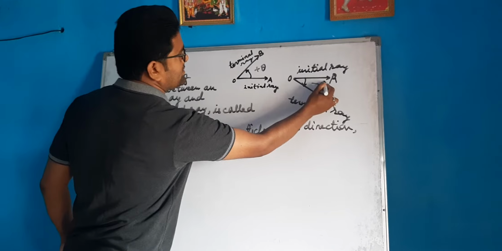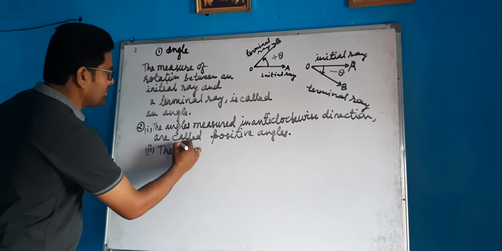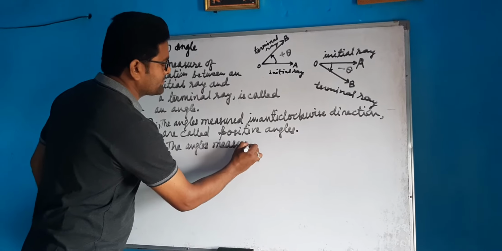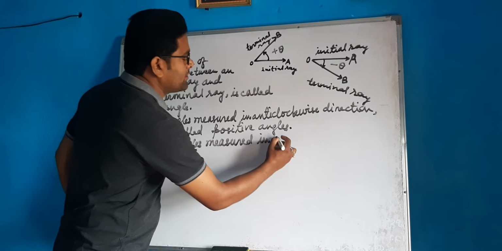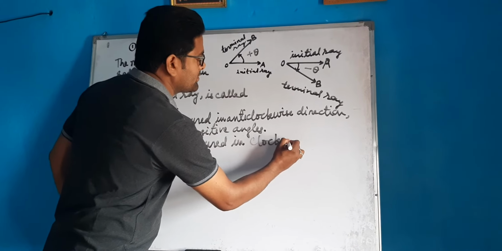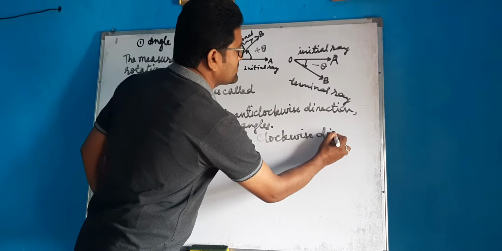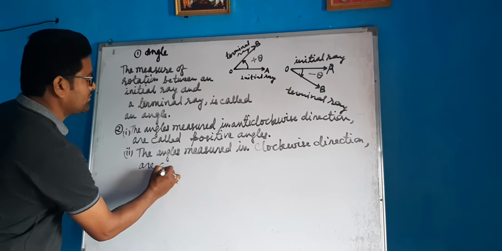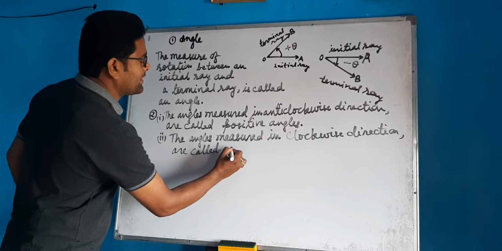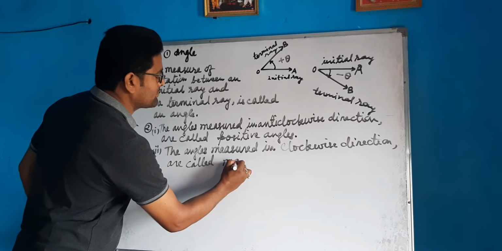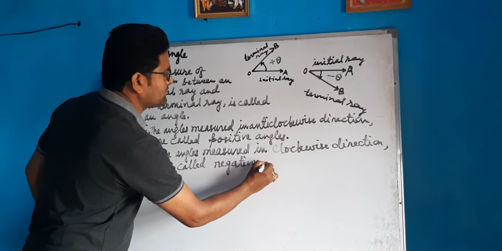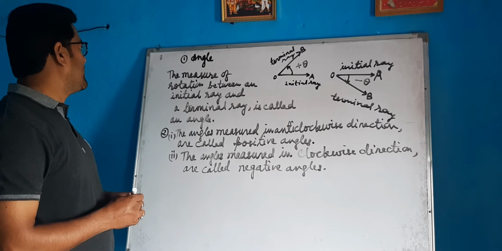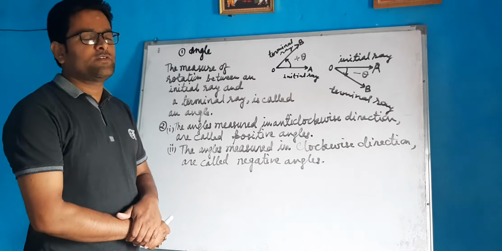The other is denoted by minus theta. The angles measured in the clockwise direction are called negative angles. So this is all about the angle and how the angle will be positive or negative.